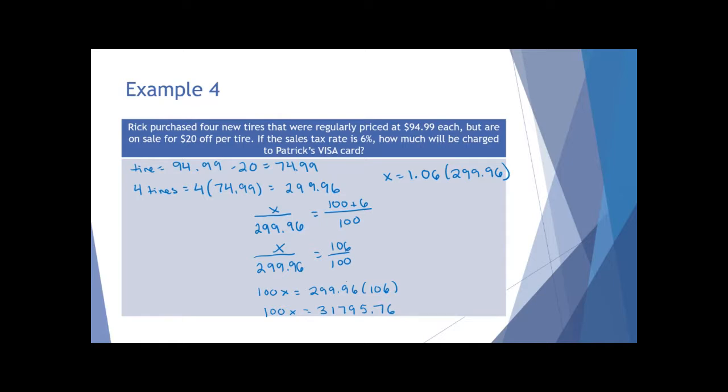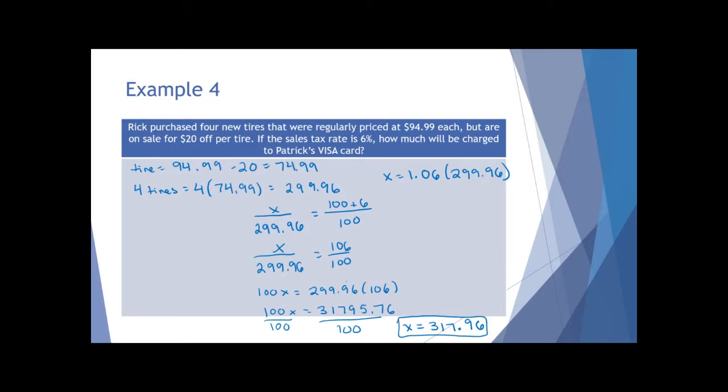So that gave me $31,795.76, and then we divide that by 100, and then we get x equals, and I have to round to 2 decimal places since money has 2 decimal places. That's $317.96 because that 7 after the 5 rounds it up to a 6.